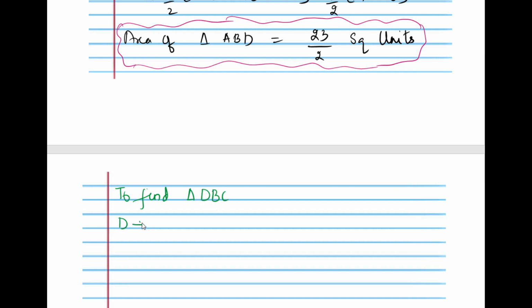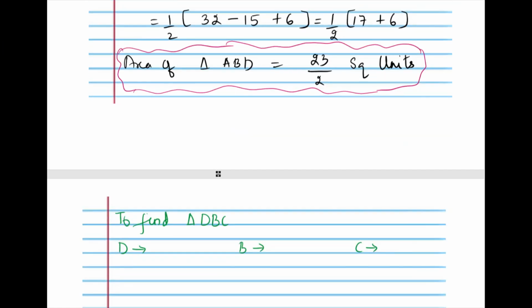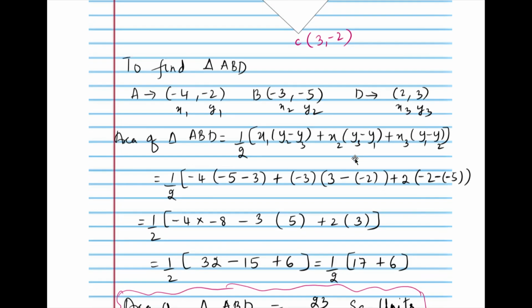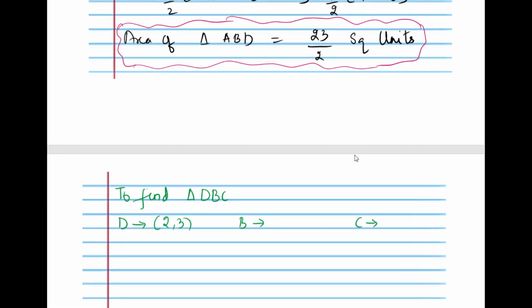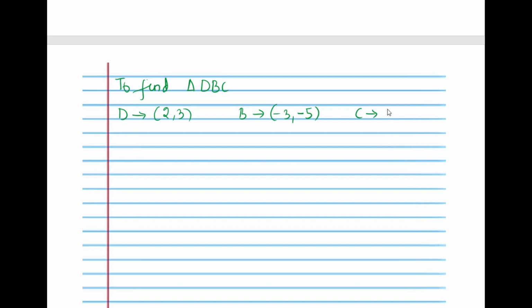Now we'll write down the point D, point B, and point C. Point D is 2 comma 3, and point B is -3 comma -5, and point C is 3 comma -2.